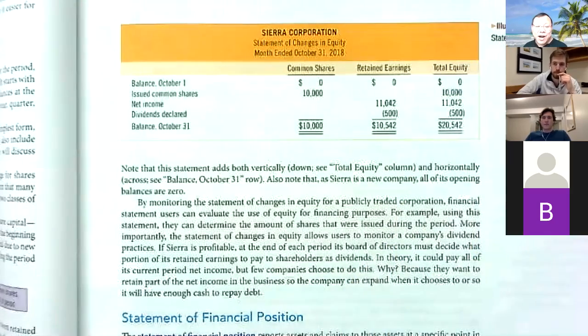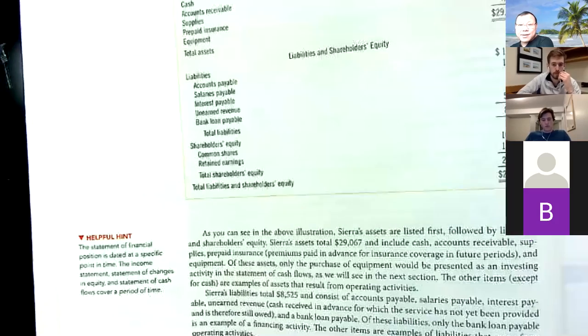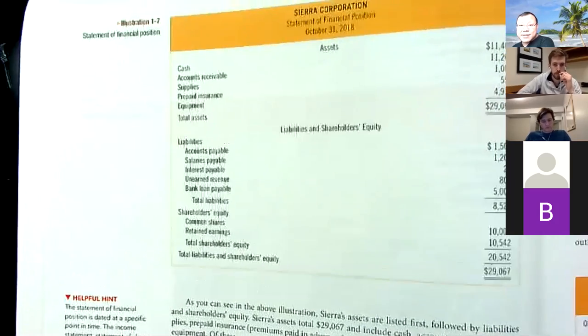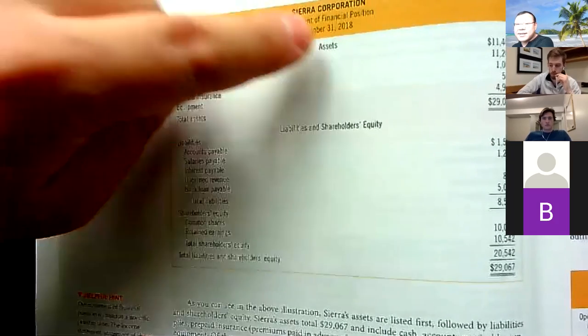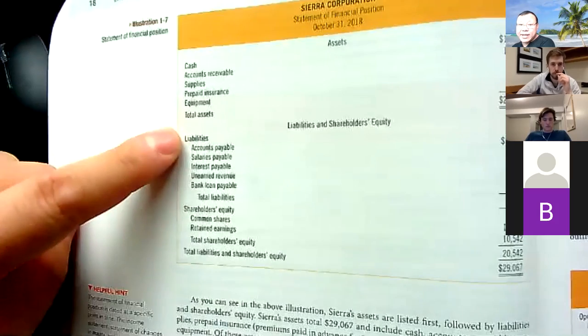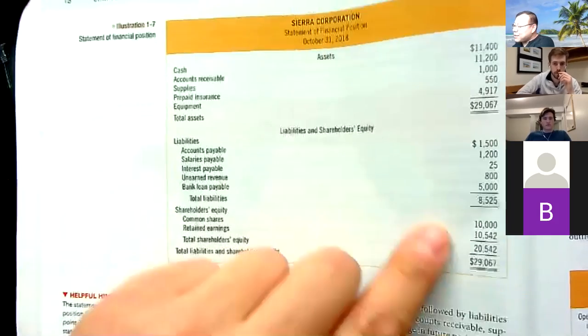Now let's move on to the third financial statement, the statement of financial position. You have assets, liabilities, and shareholder equity. Are these numbers familiar?